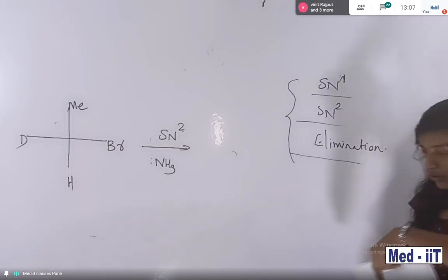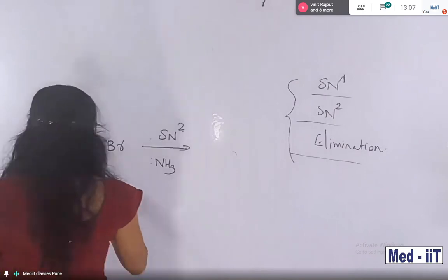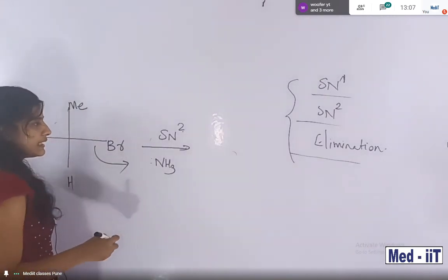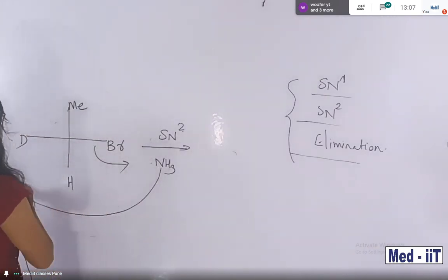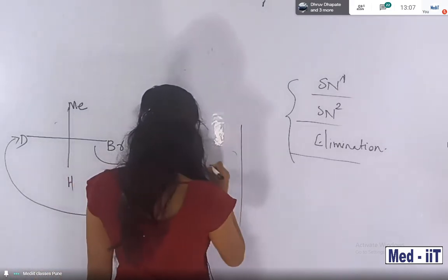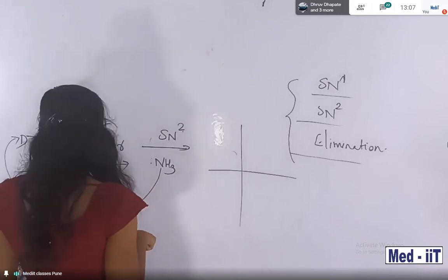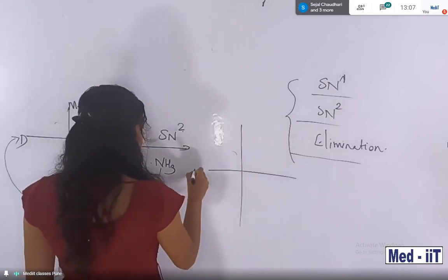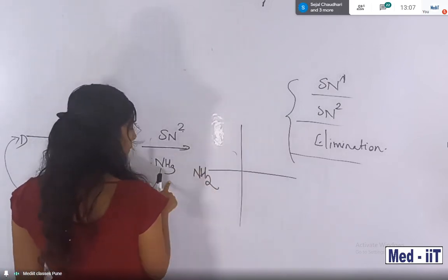Okay, I will help you. What about the leaving group? Bromine will leave. NH2 becomes the incoming group. So look, it is a backside attack of the nucleophile. NH2 is the nucleophile, am I right, students?